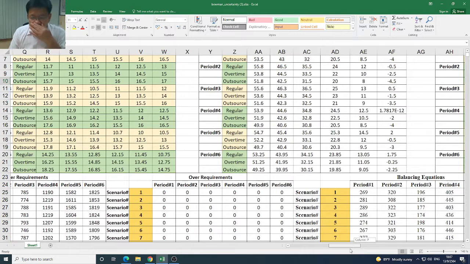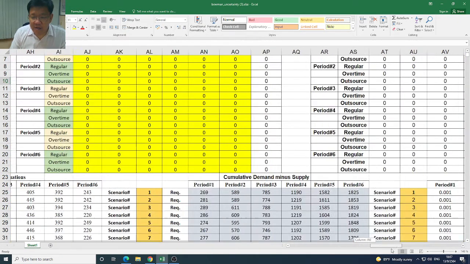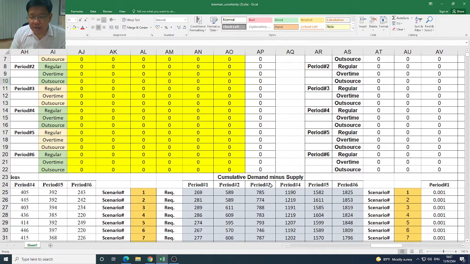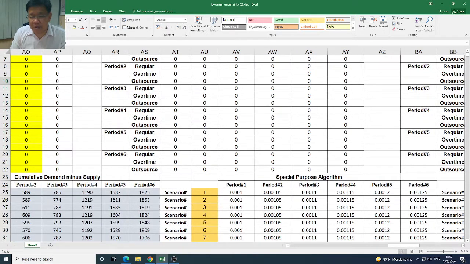But we're not going to do it here. We're going to illustrate how to use the Benders decomposition here. Then we have the cumulative demand minus supply. Why do you want to find the cumulative demand minus supply? Because you might remember that we have a special purpose algorithm.